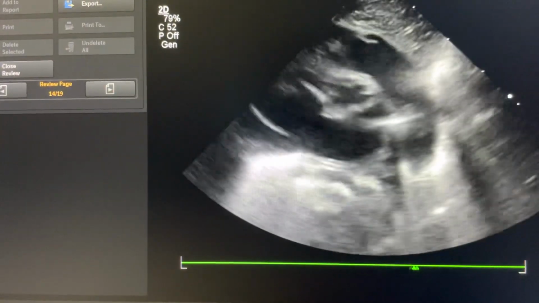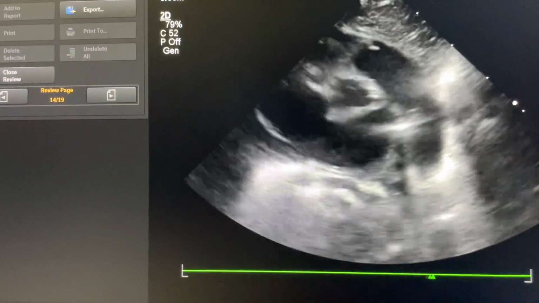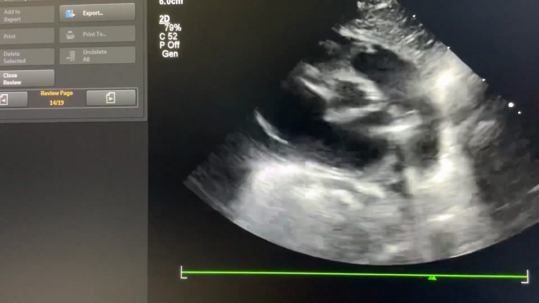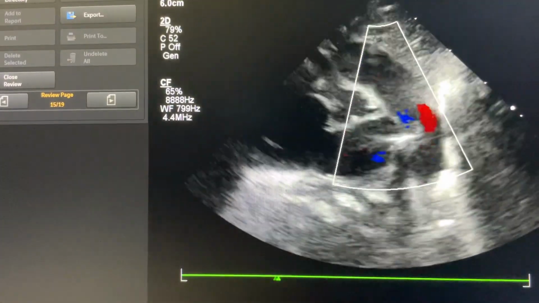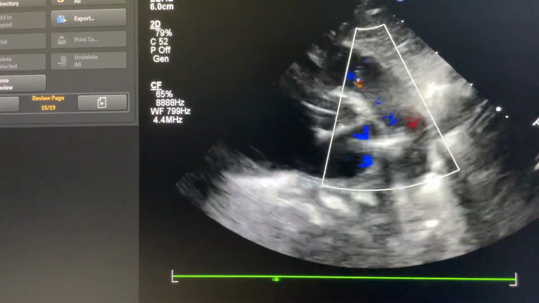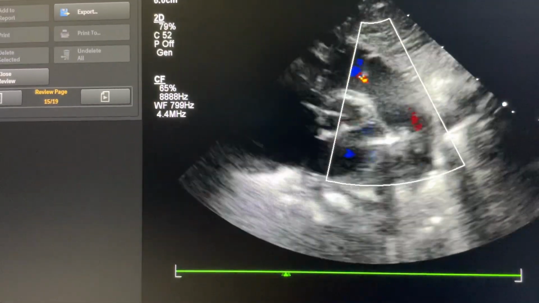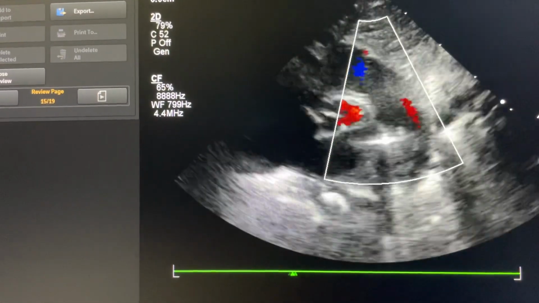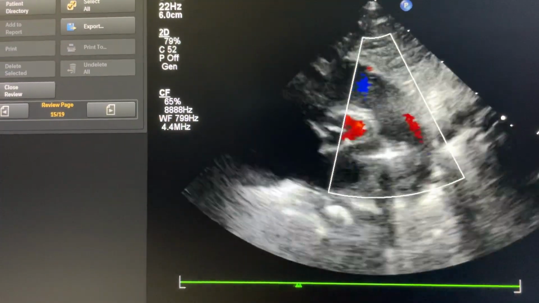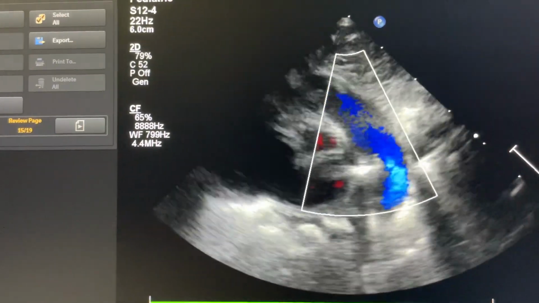The PDA has two ends, one end is the pulmonary end and another end is the aortic end. You have to find the size of both ends. Normally in this case, if the pressure on the right side becomes less, that is, persistent pulmonary artery hypertension becomes less, then the PDA also closes. The main treatment is to reduce the pulmonary artery pressure. Thank you.